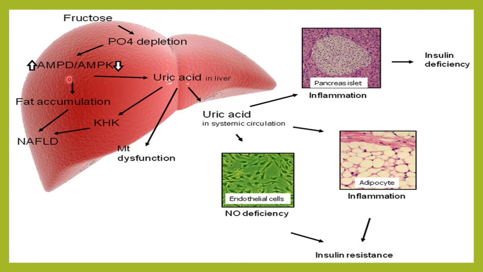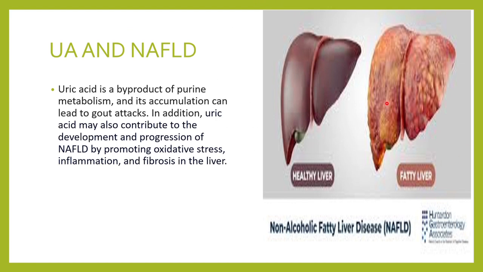Similarly, increased uric acid can also cause non-alcoholic fatty liver disease. Non-alcoholic fatty liver disease is nothing but the deposition of fat in the liver. When it extends beyond a limit, it causes inflammation and fibrosis.